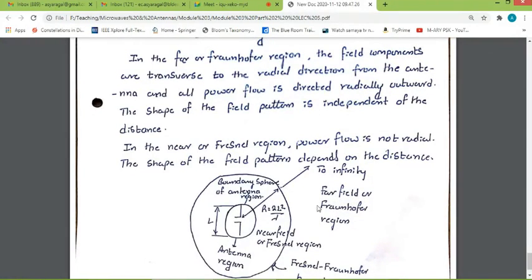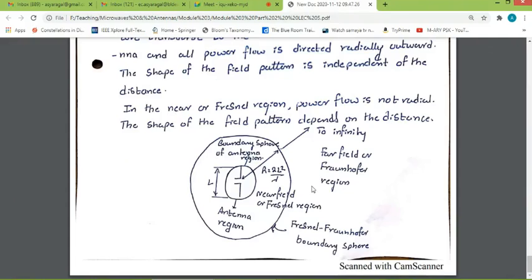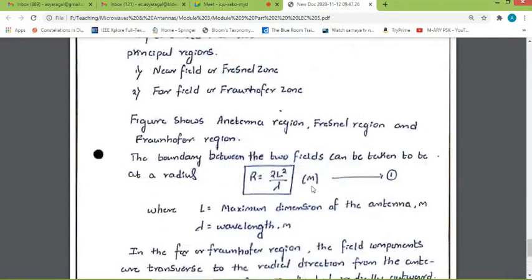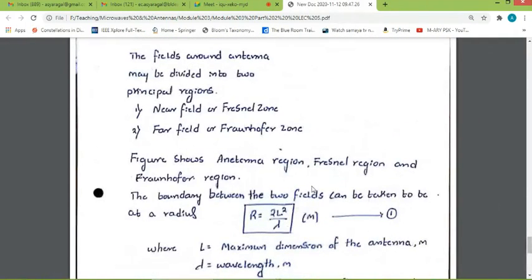Remember, the field pattern in the near field depends on the distance; the far field doesn't depend. The power flow is not radial in the near field, but in the far field region it is radial. This is how we can explain the near field and the far field.